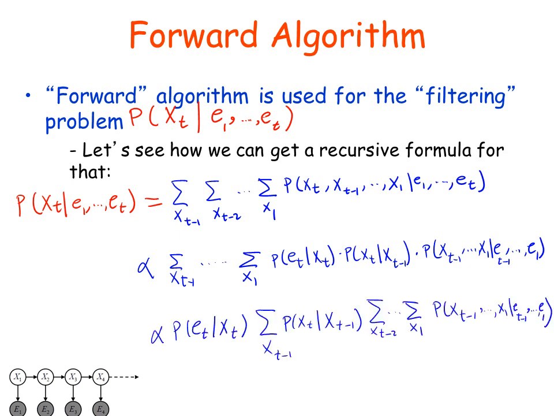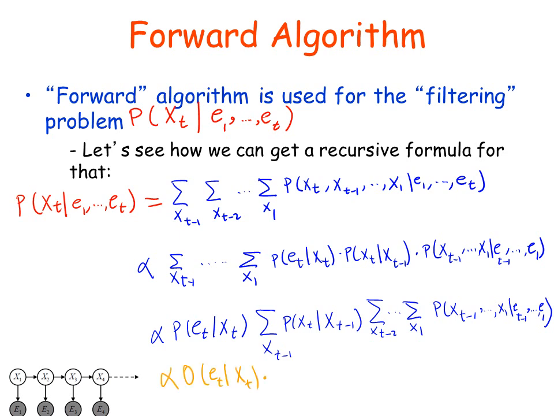Then we can push out the probability of et given xt outside the summations because it doesn't depend on the summations. Similarly, we can push out p of xt given xt minus 1 in front of the summation over xt minus 1 because it is independent of the rest of the summations, and then we leave the rest of the terms.